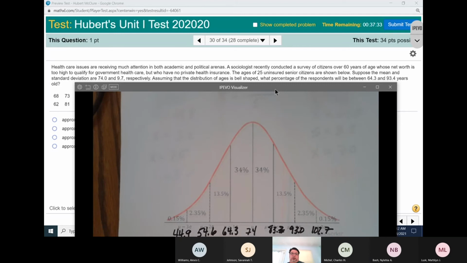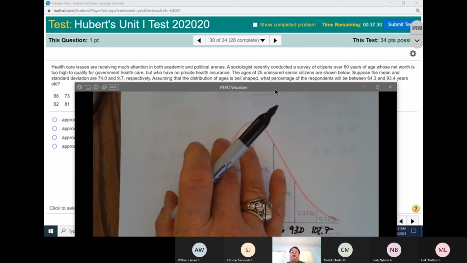Okay. Now, what do they ask? They ask between 64.3, I'm looking, 64.3 right here, and 93.4. I don't have a 93.4. So you may have to change 93.4 into a z-score. I don't know why they're giving you that data though. So that's 93.4.